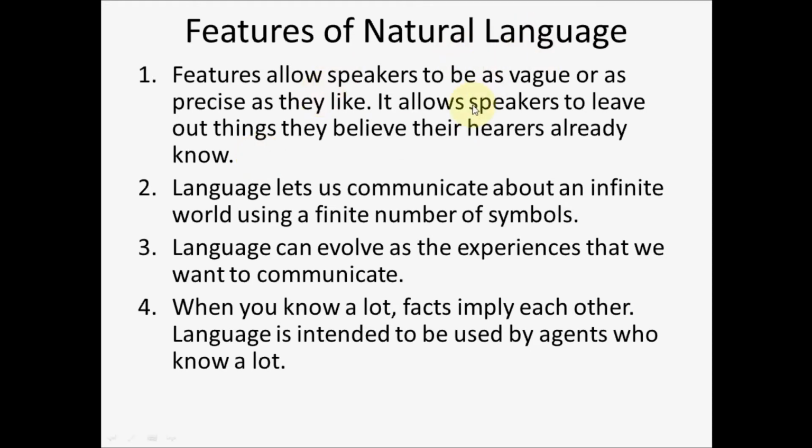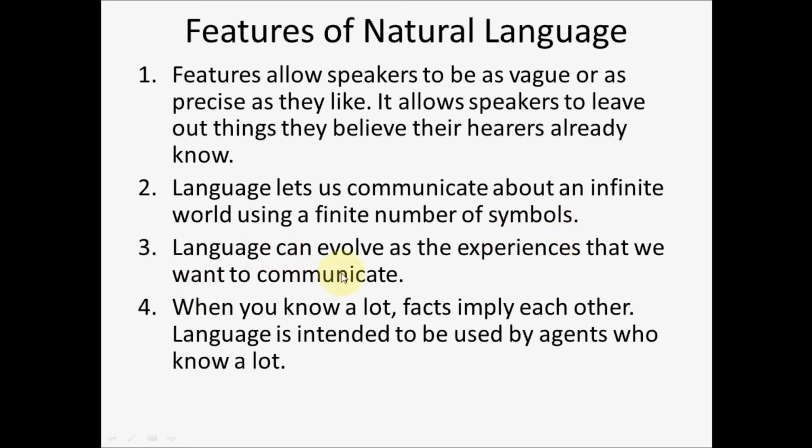But because of this feature, a machine gets confused. A machine would not know a generalization, how to map that generalization to a specific sentence if you have not programmed it that way. Now, the second feature of natural language is that languages let us communicate about an infinite world using a finite number of symbols, right?